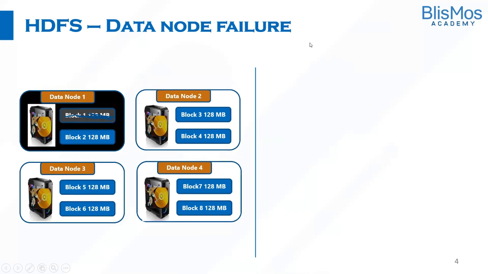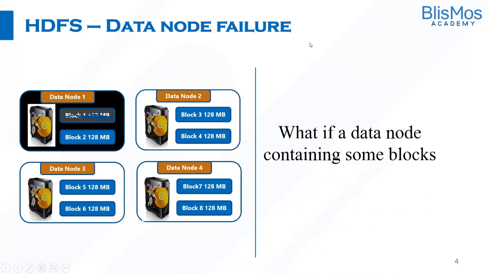Now, there is a possibility that the whole data node may crash. It may go for a toss. Then both the blocks existing in it would not be there. The whole data node itself gets corrupted. In that case, the scenario is much worse than the earlier one.